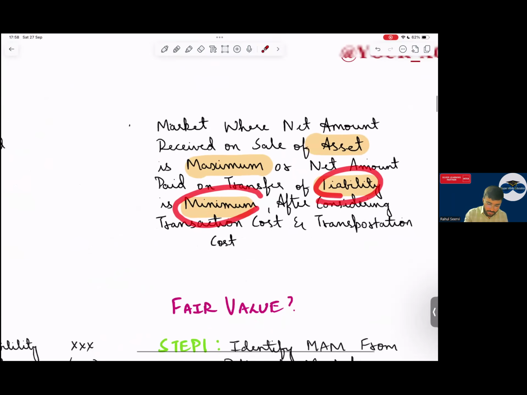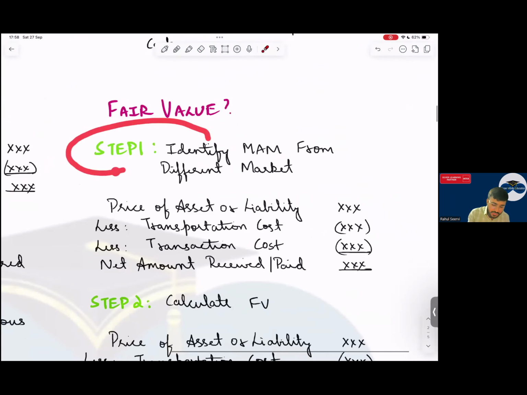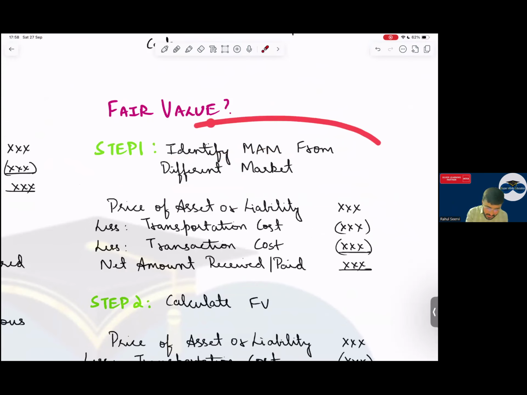So here we have to follow two steps. The first step is to identify which market is the most advantageous market. First, you have to calculate and identify which market is the most advantageous, whether Karnataka, Rajasthan, Kerala, Tamil Nadu, etc. You have to identify which market is providing you the maximum benefit.